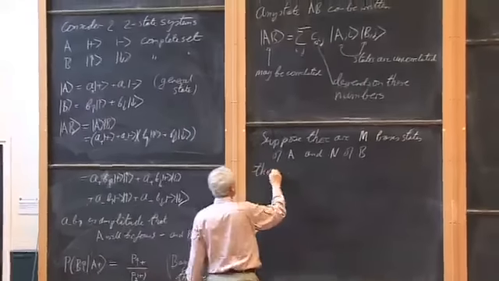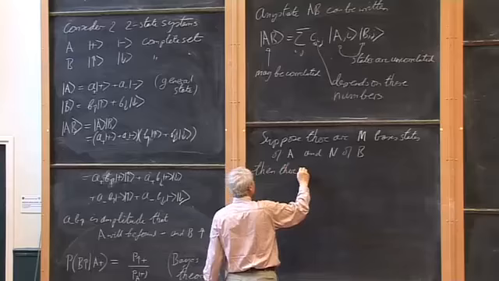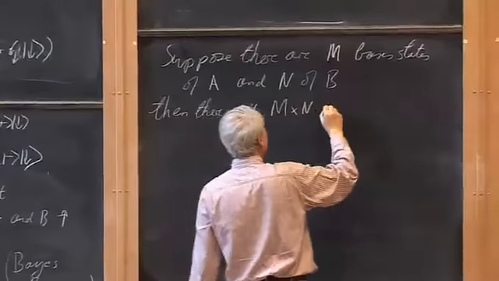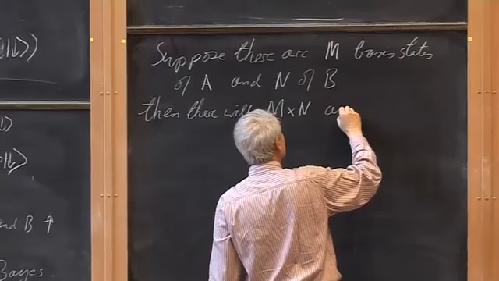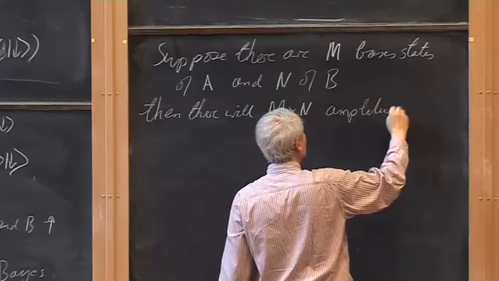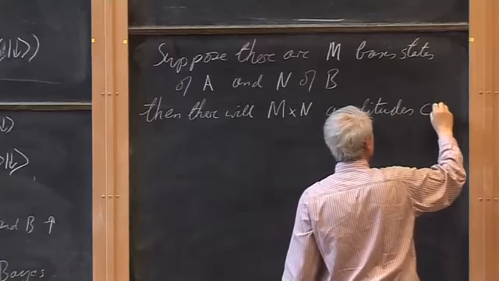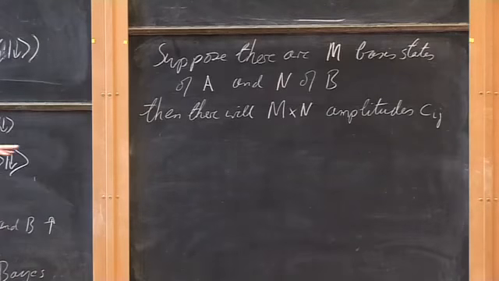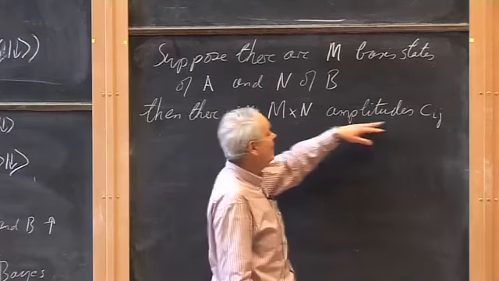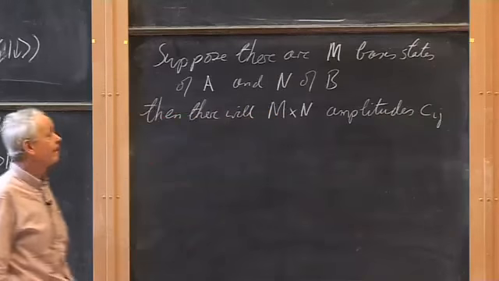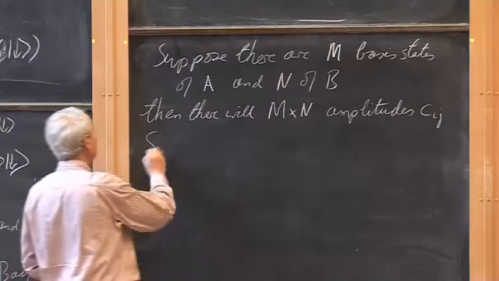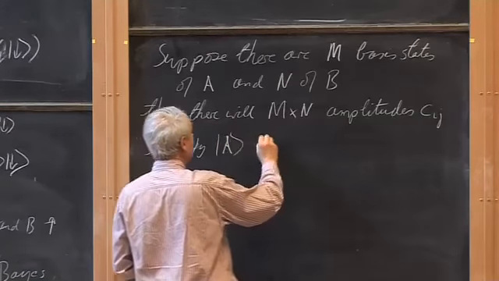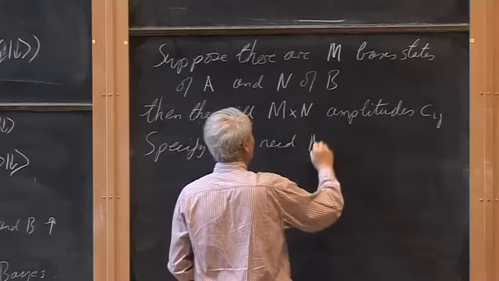So then there'll be m times n amplitudes C_ij. So to specify a general state of the system, you need to specify mn numbers, C_ij. To specify a state of A, you need just m numbers.